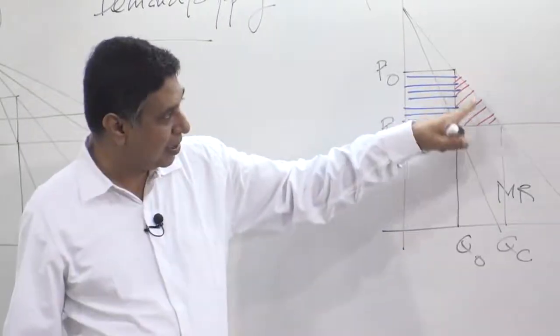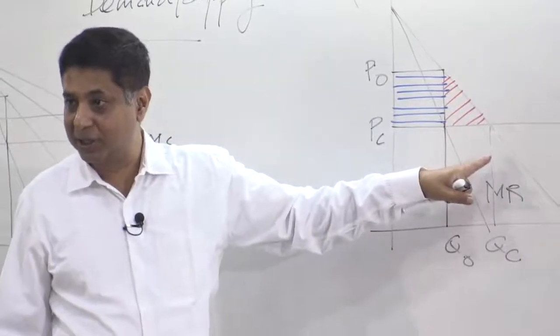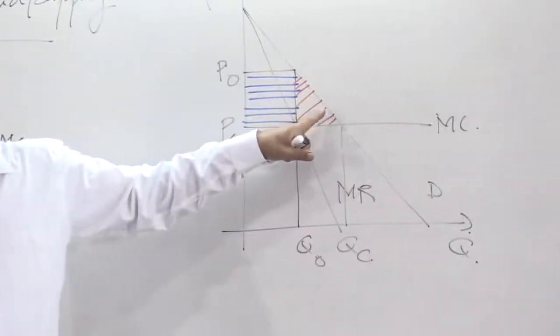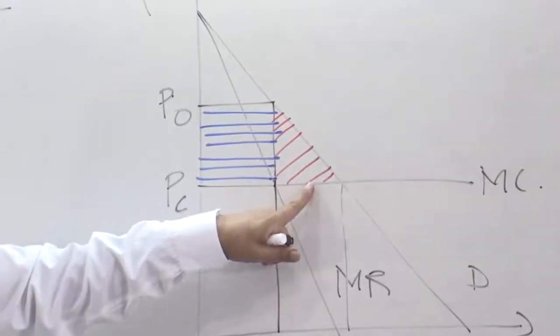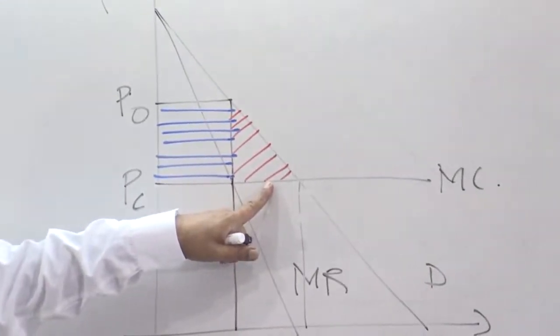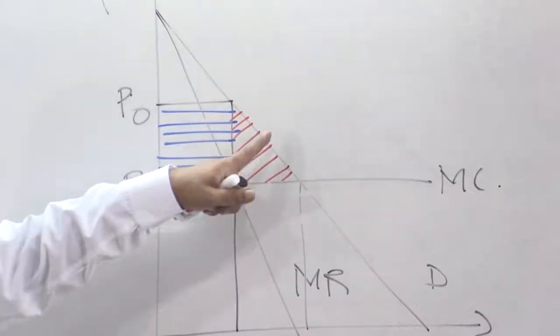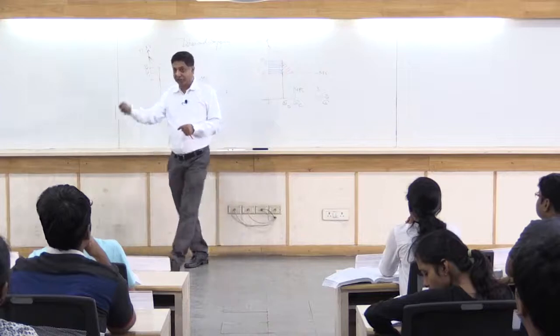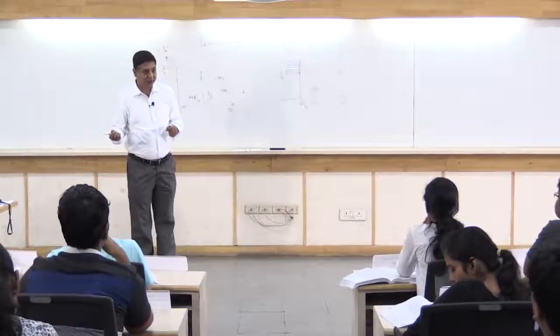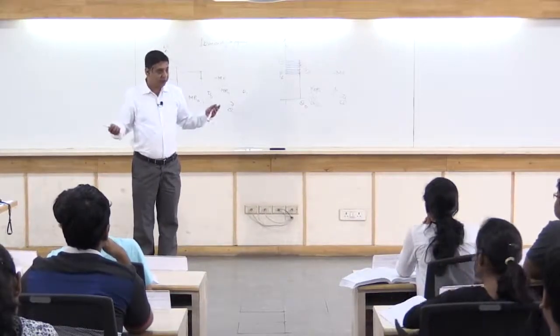Consequently, there are people on this part of the demand curve who are willing to buy if the price was lower, and the monopolist would also be willing to sell to them, because the price would still be greater than the marginal cost or the average cost. So, there is money to be made.